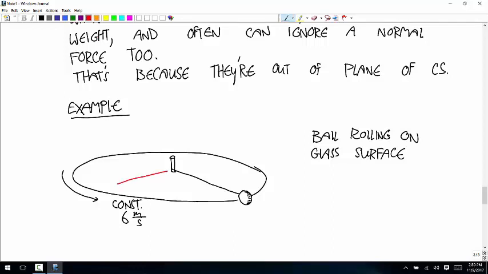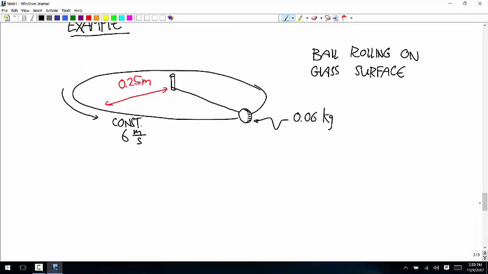The radius of this circle is 0.25 meters. And the mass of this ball is 60 grams, or 0.06 kilograms. That's about the mass of a pinball. And we want to know what's the tension in the string.